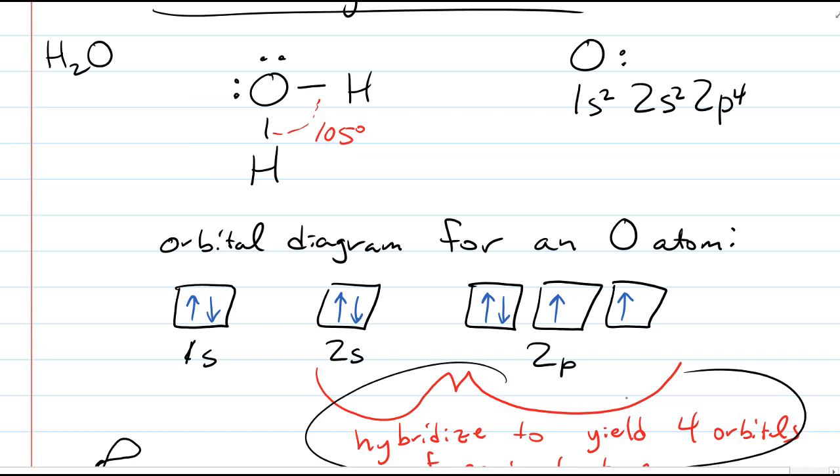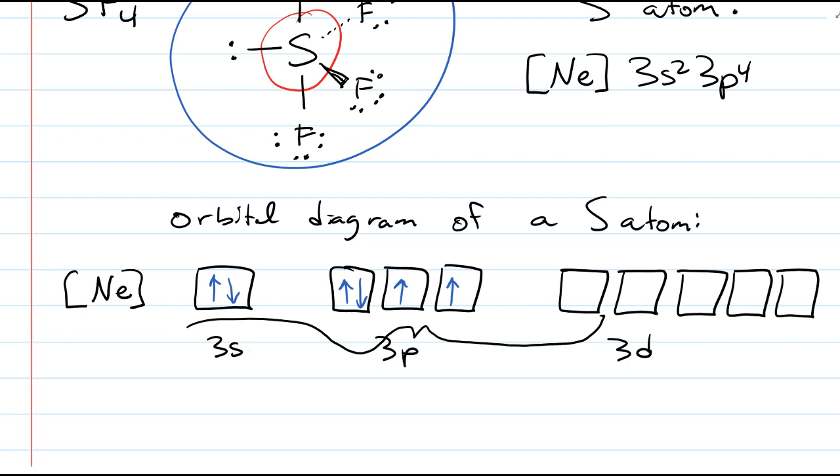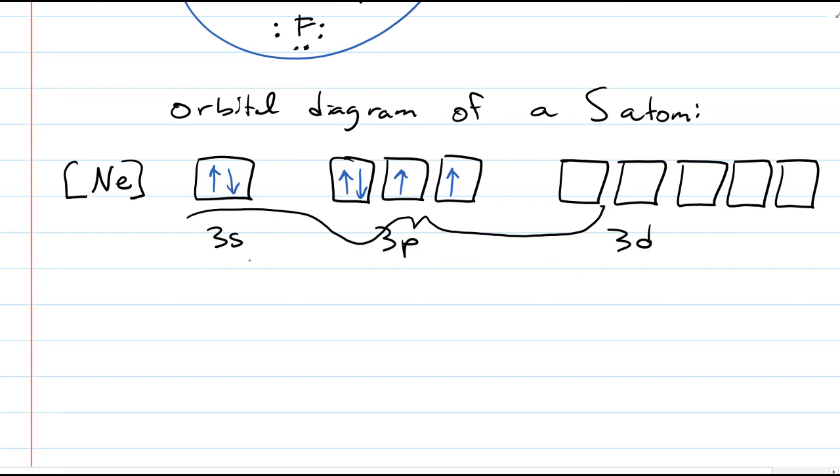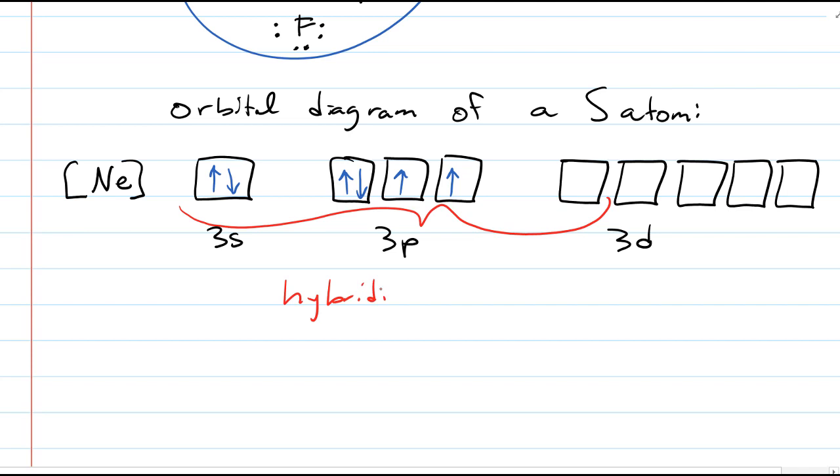We are now going to hybridize to yield not 4 orbitals of equivalent energy, but 5 orbitals of equivalent energy. So again, and I'll put this in red here, we're going to hybridize 5 orbitals to yield 5 orbitals of equivalent energy.